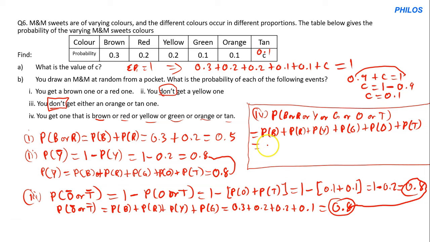So brown is 0.3, red is 0.2, yellow is 0.2, green is 0.1, orange is 0.1, and tan is C, and we've gotten C to be 0.1. So when we add them together, you definitely get a 1. So that's the answer to this one.